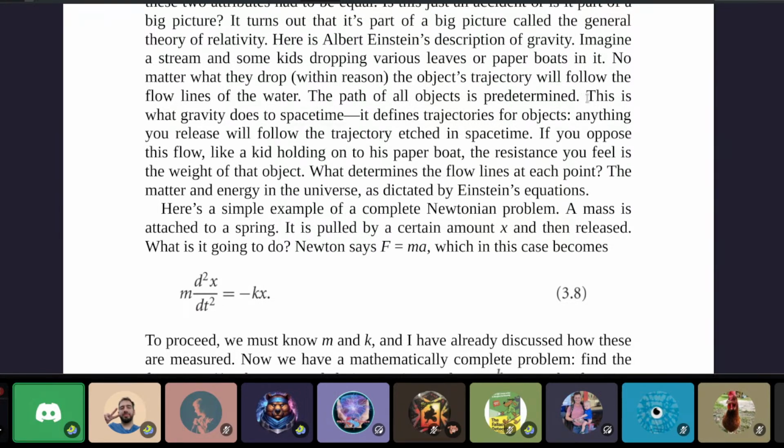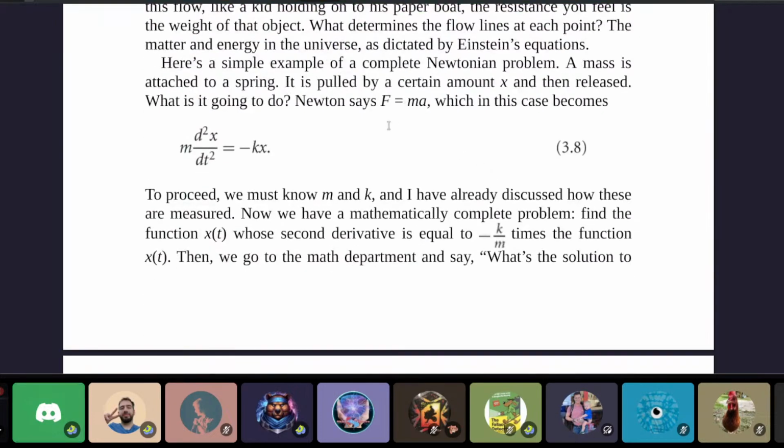This is what gravity does to space-time. It defines trajectories for objects. Anything you release will follow the trajectory etched in space-time. If you oppose this flow, like a kid holding onto his paper boat, the resistance you feel is the weight of that object. What determines the flow lines at each point? The matter and energy in the universe as dictated by Einstein's equations.